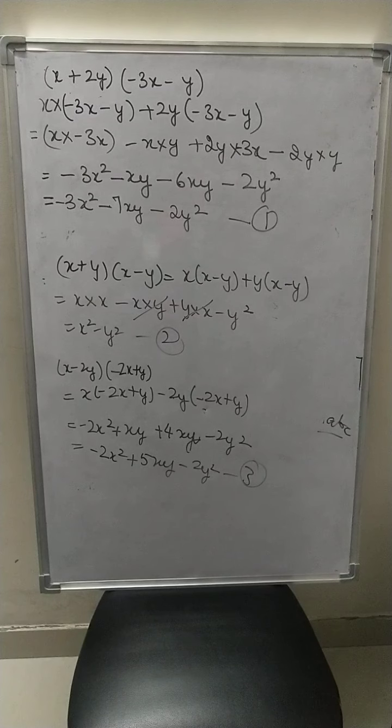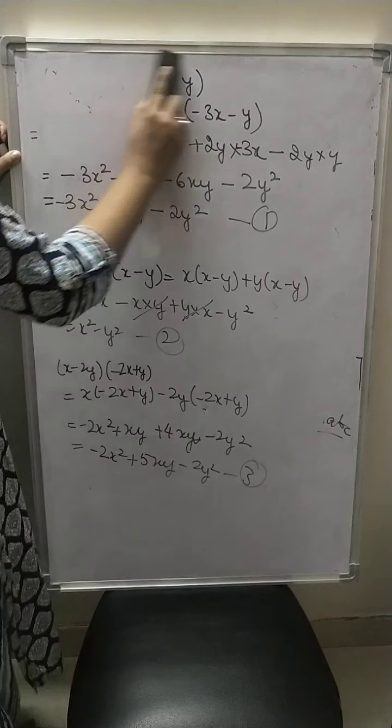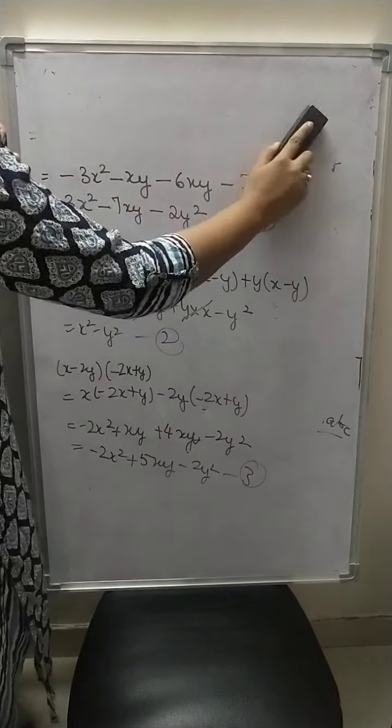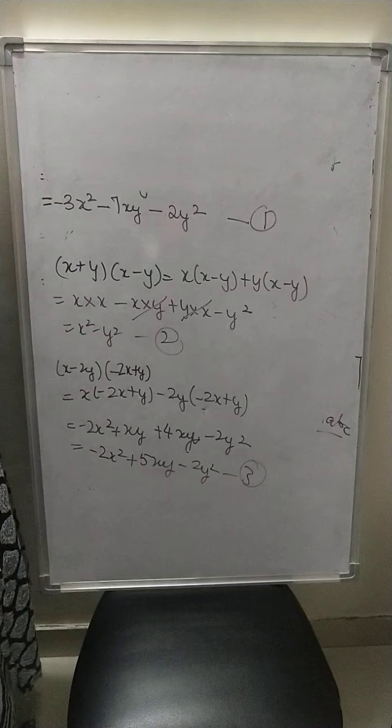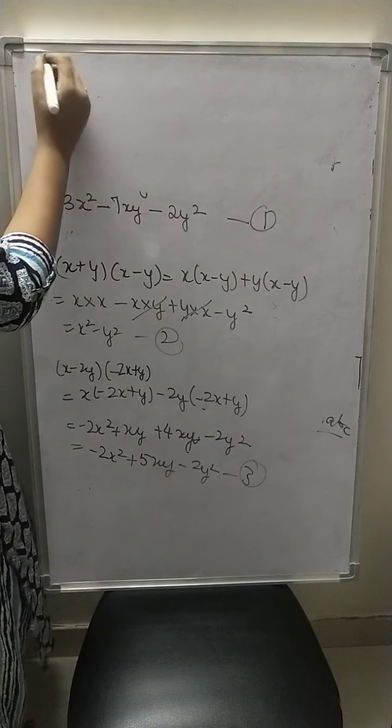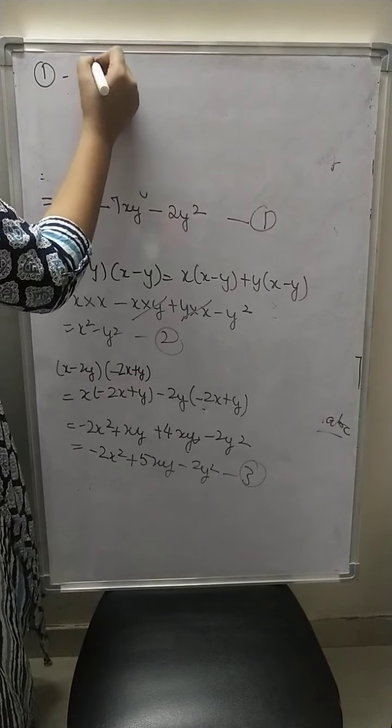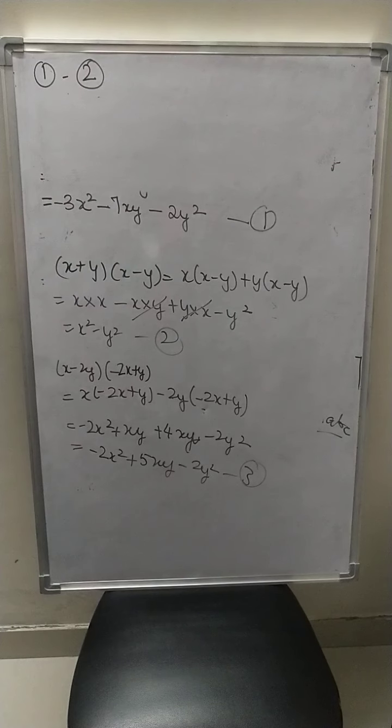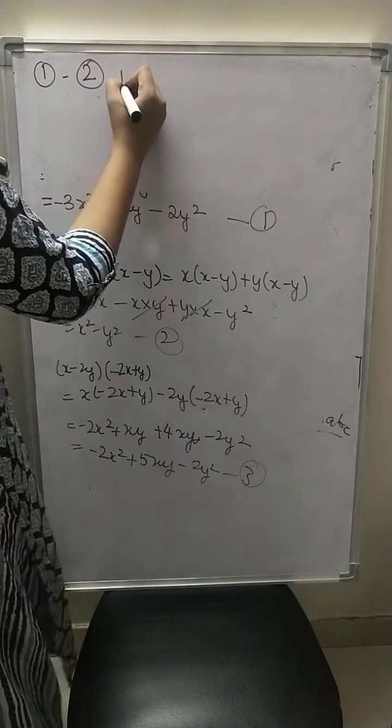Alright, now children, writing it in a similar manner, whatever is given in the question, what we have to do is equation number 1 minus equation number 2 plus equation number 3.